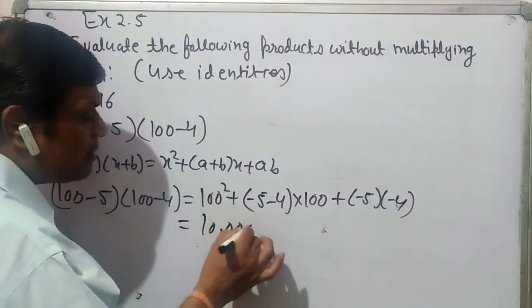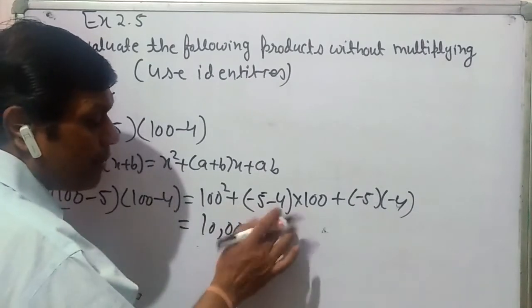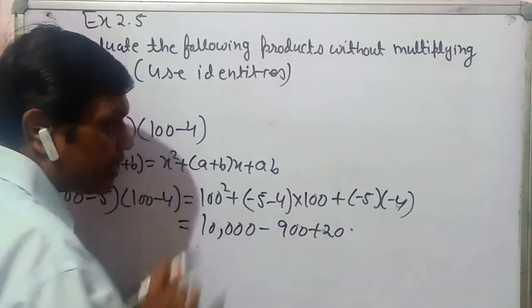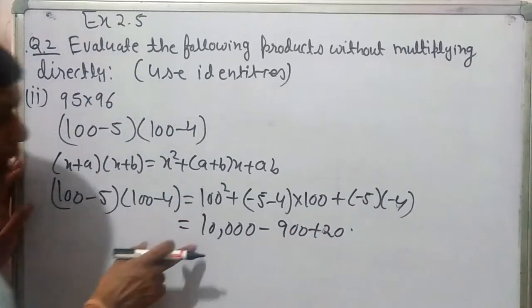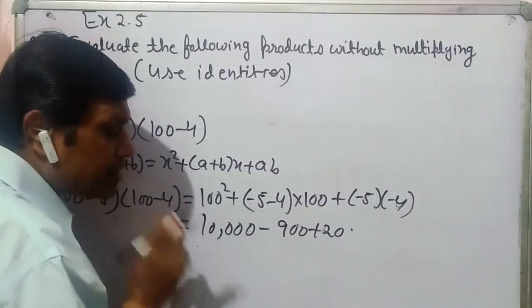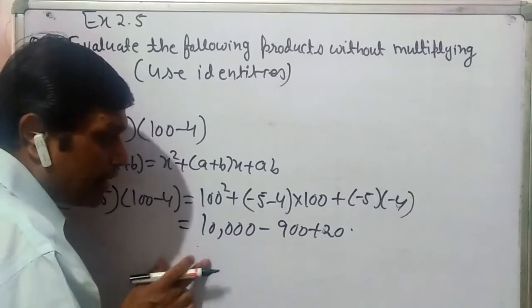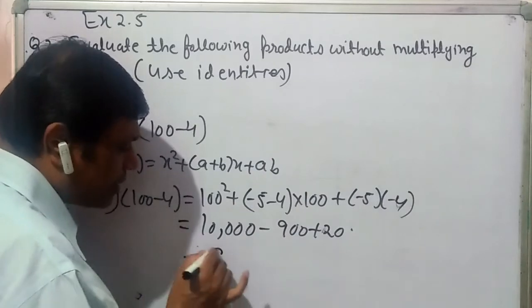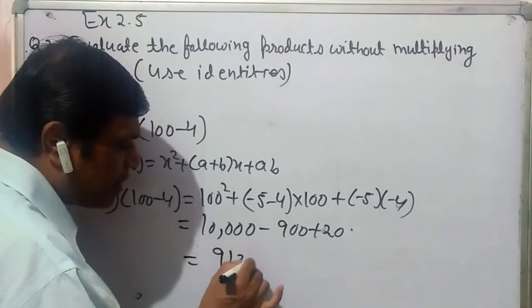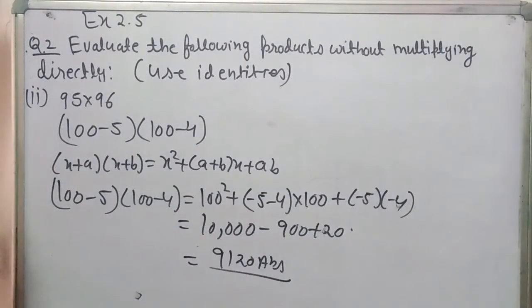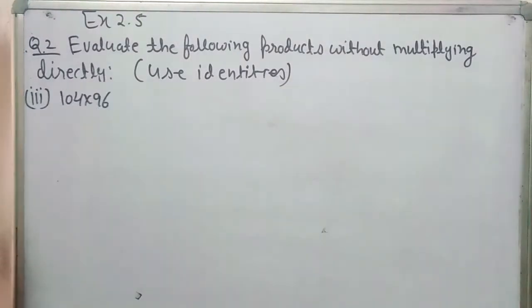This should give us 10,000 minus 900 plus 20. How much is 10,000 minus 900? 9,100. 9,100 plus 20 should be 9,120. That will be the answer for this particular part.